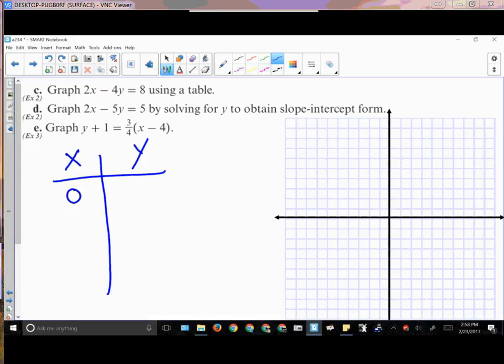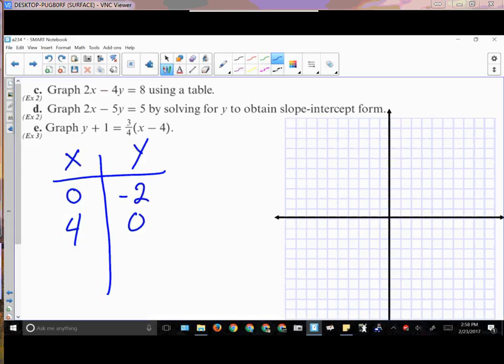Close. -2. So Eli, if I go and put 0 in for Y here, what do I get for X? 4. So do I have enough information there on a table to go and graph it? Okay.